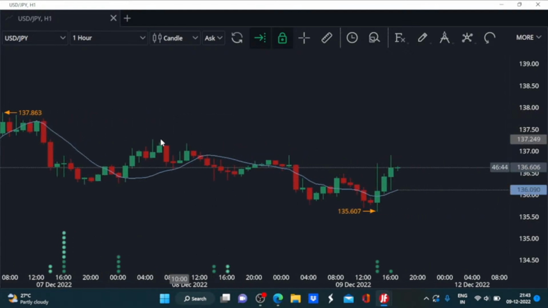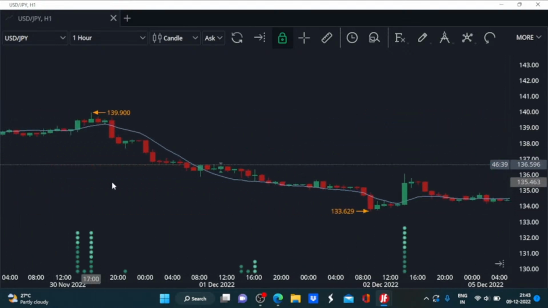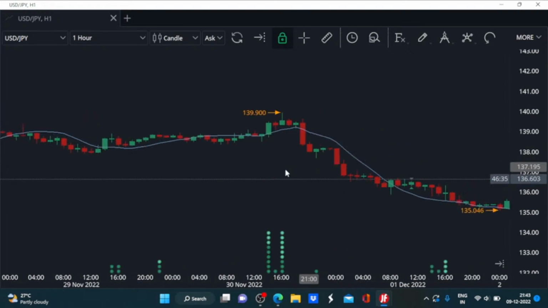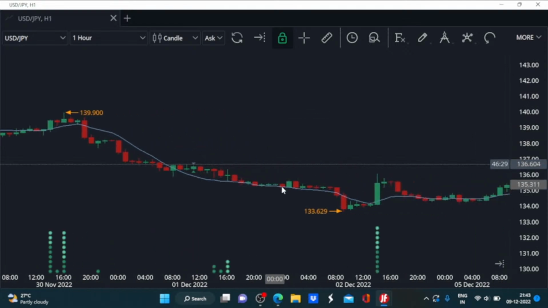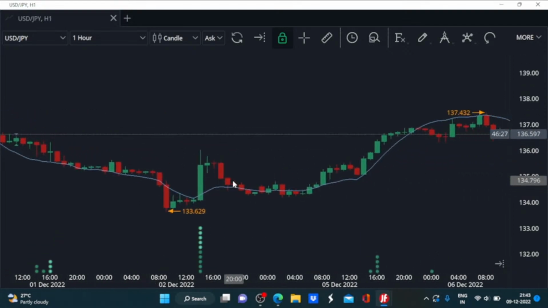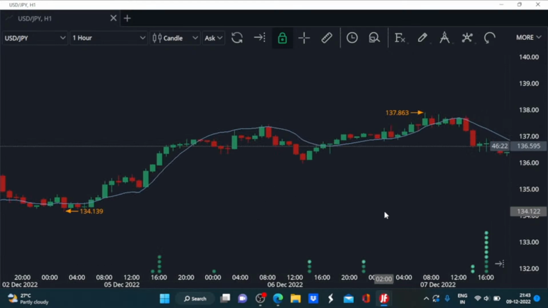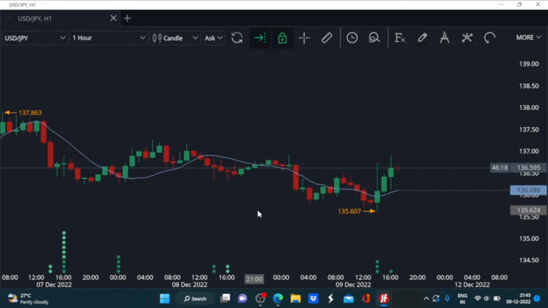So we have a lot more stability, but at the same time, it is not running far off from the actual price, the actual close of each candle. So this is trying to follow the price action as closely as possible. And with that, it is also giving us good enough stability. So both these functions are being satisfied.